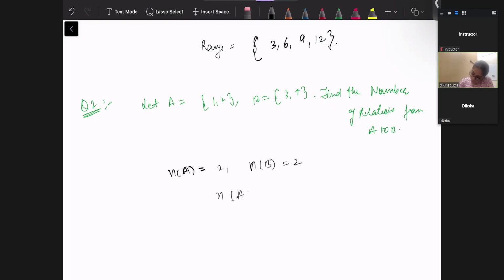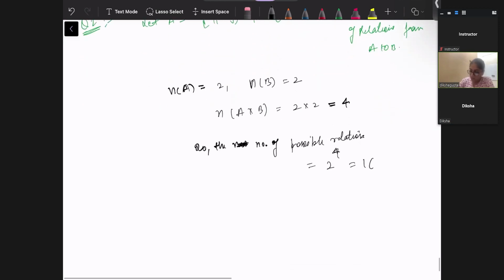And the cardinality of A cross B will be 2 cross 2, which is 4. So the number of possible relations is 2 to the power 4, right? Which is 16.